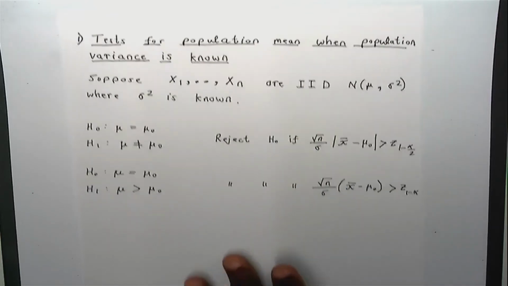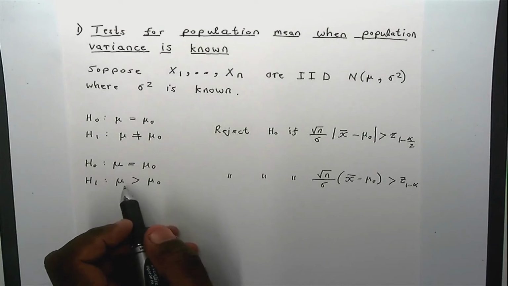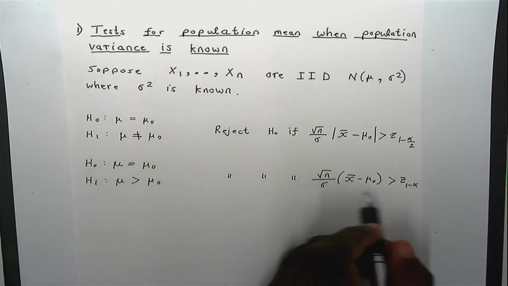Here the alternative hypothesis is different from this. You are testing that the population mean is greater than mu0, and the corresponding rejection rule is this one.